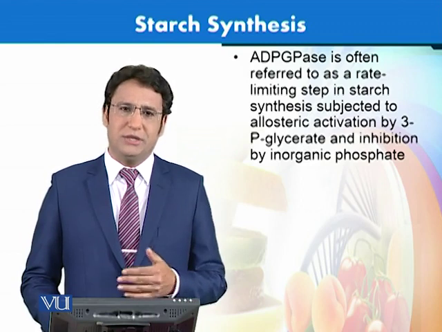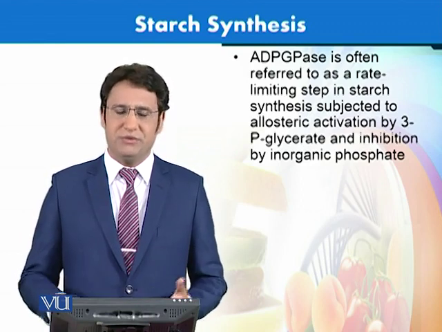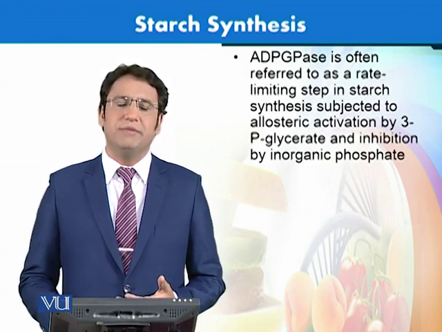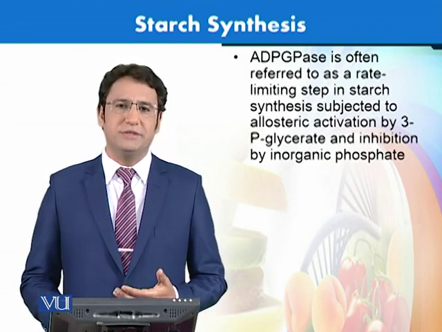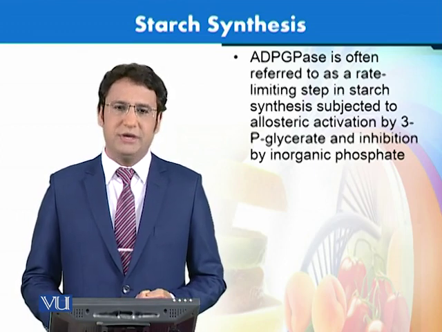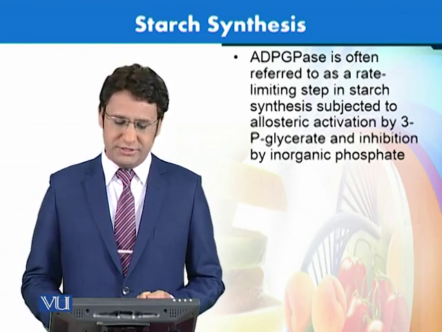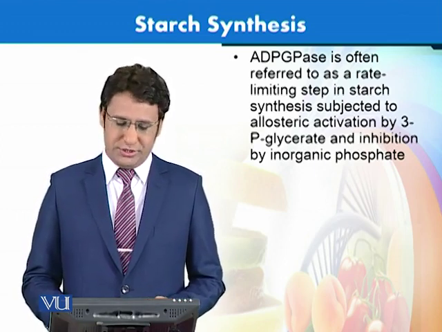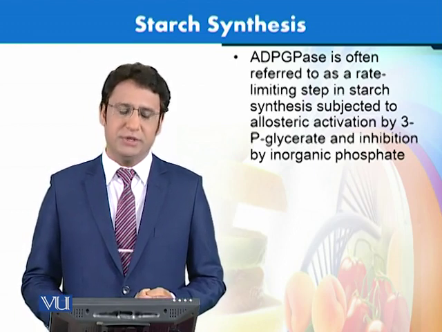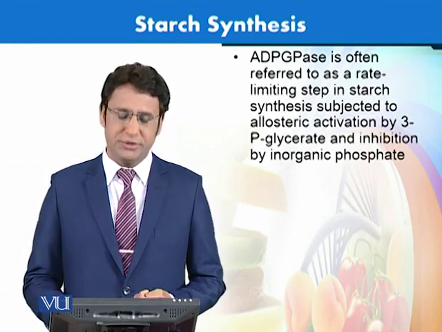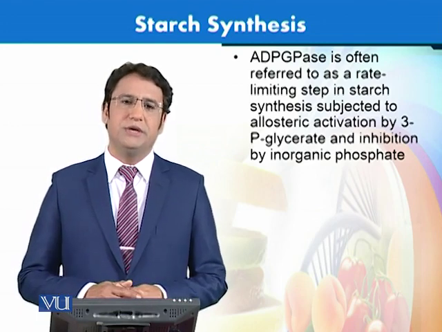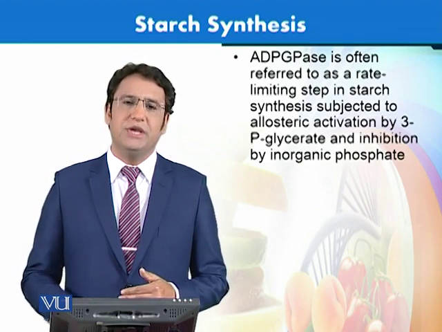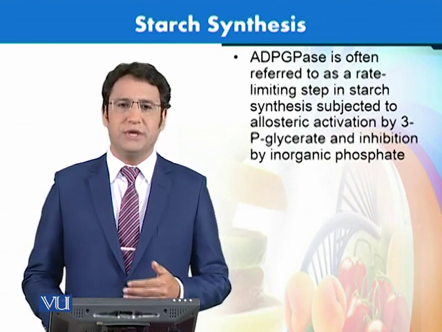If you look at all these reactions, there are different enzymes involved, but the ADP GPase enzyme is generally considered the limiting factor for the production of starch, due to its allosteric activation by 3-phosphoglycerate and inhibition by inorganic phosphate. These two modifications make ADP GPase very much rate limiting.